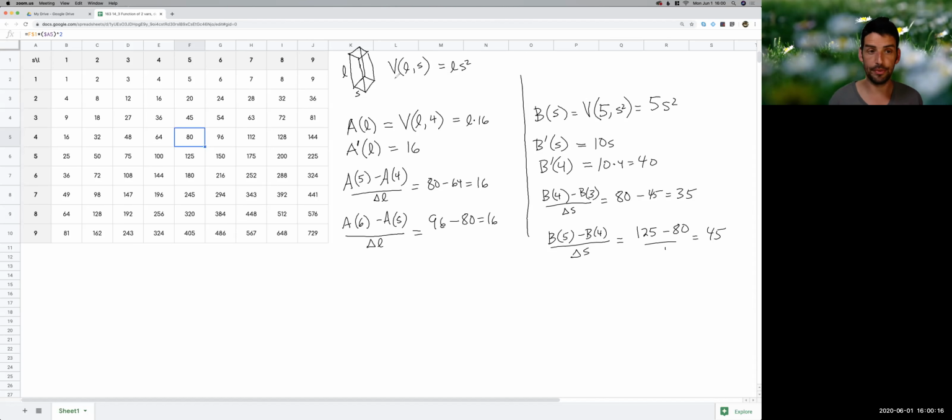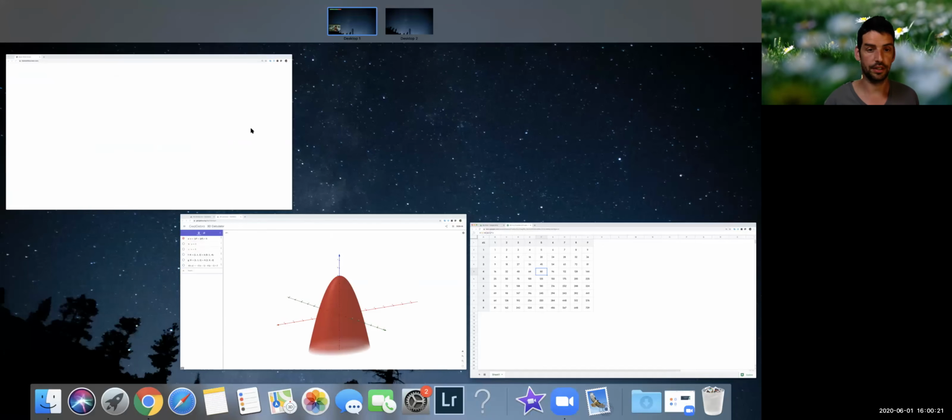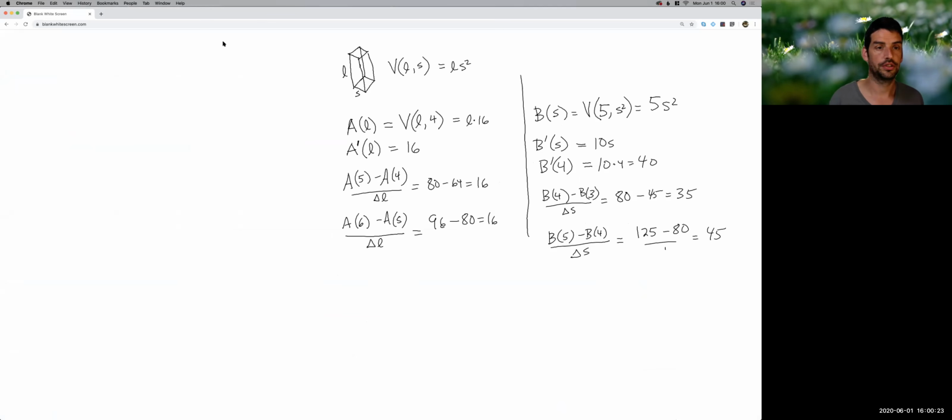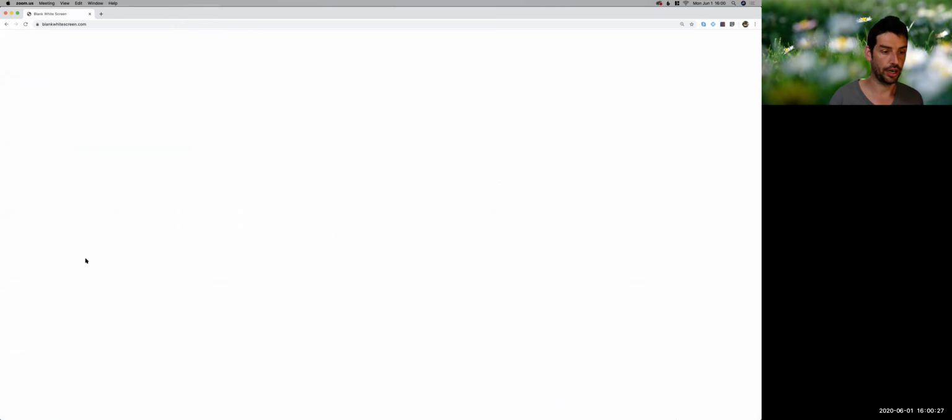Okay. So let me write down how this is going to look. Let's get a new page. Let's clear all of this. All right, so I'm going to start with a function f of x, y, right?